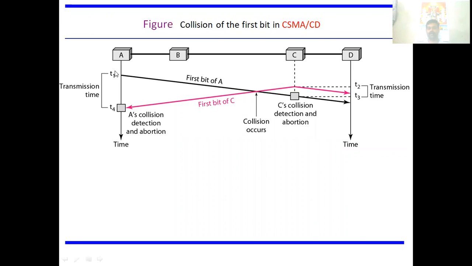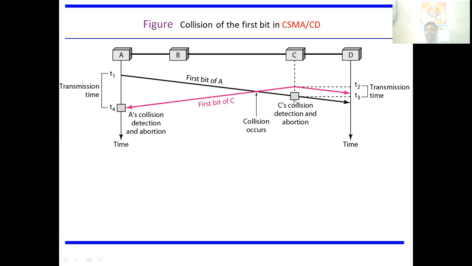Here A is sending the information at time T1. At time T4, C is sensing the medium, and since it is not getting the data from A, it thinks that the medium is free, so it is also sending its data frame.